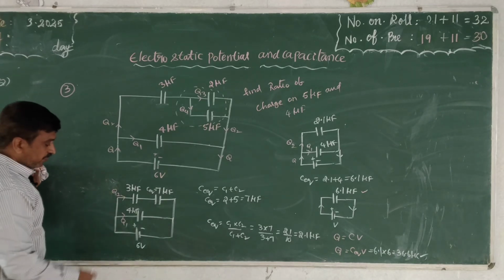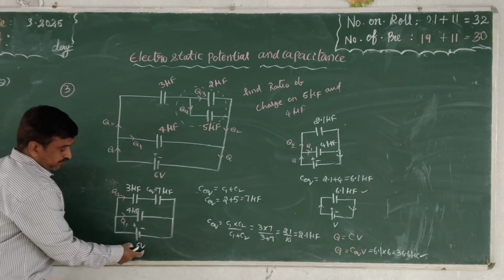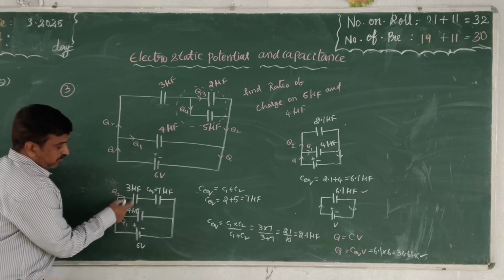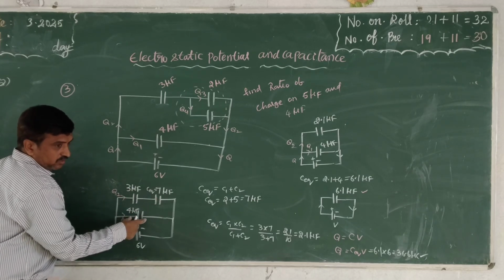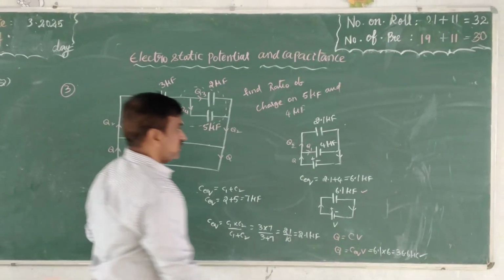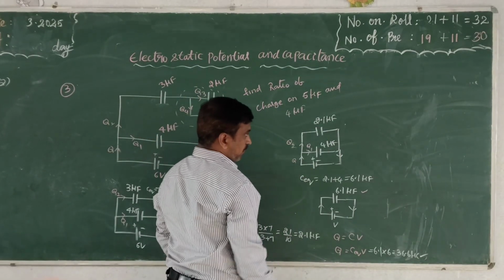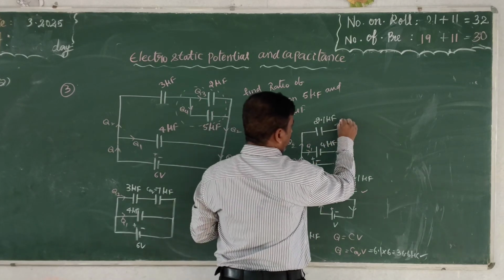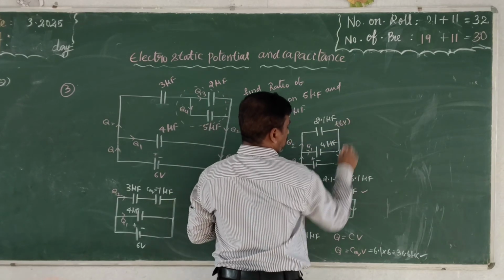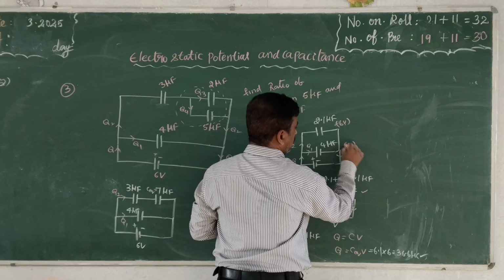Now we find out Q1. See here it is 6. Here the potential is the same here and here. This is series, and this resultant will be parallel to this one. So these two are parallel. Parallel means the potential is the same. What is the potential? 6 volt. So we find out the charge Q1. Q1 equal to capacitance into potential, 4 into 6, 24.